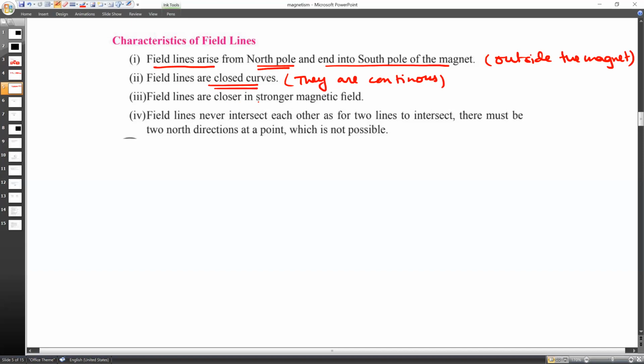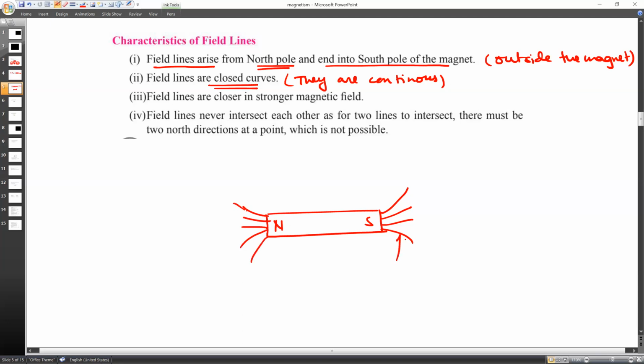Field lines are closer in a stronger magnetic field. For example, here we have the North Pole and South Pole, so their field lines will be closer here.